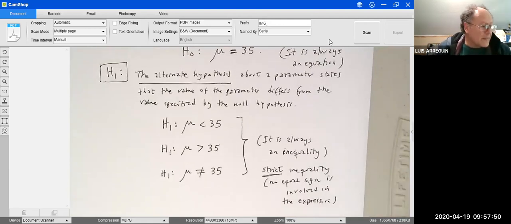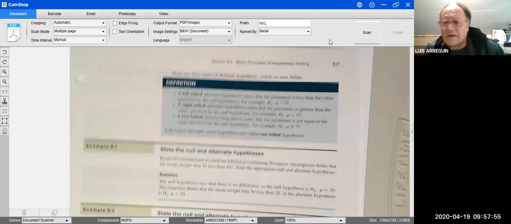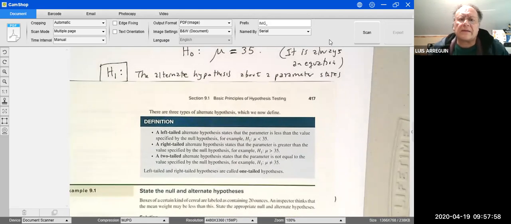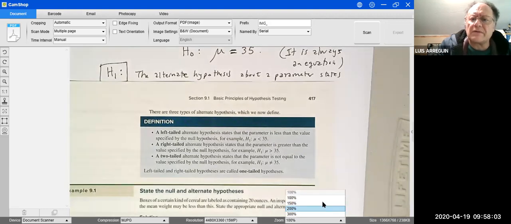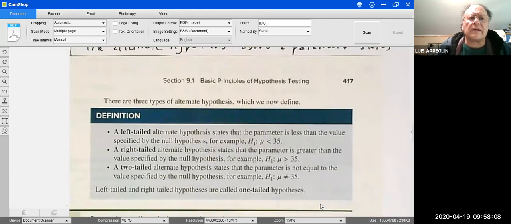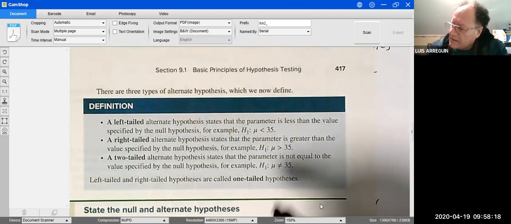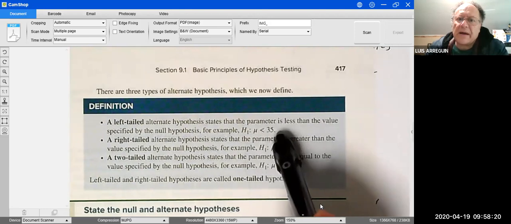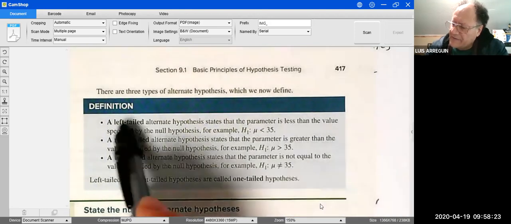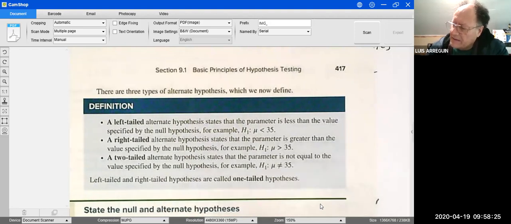Also, you can see here in your book on page 417 that we're going to have three kinds of tests depending on that inequality. A left tail alternate hypothesis states that the parameter is less than the value specified by the null hypothesis. So when you have a parameter less than a value, it is always a left tail test.